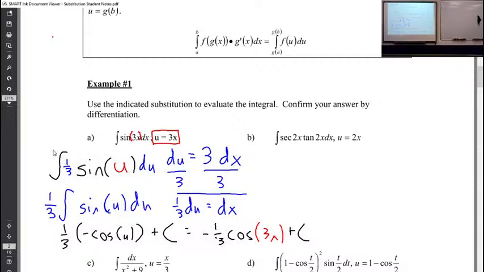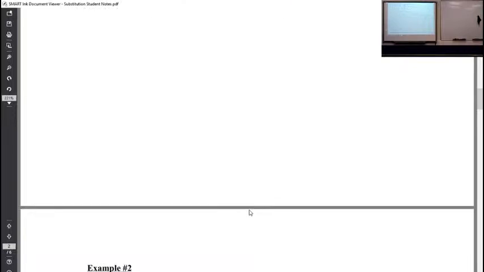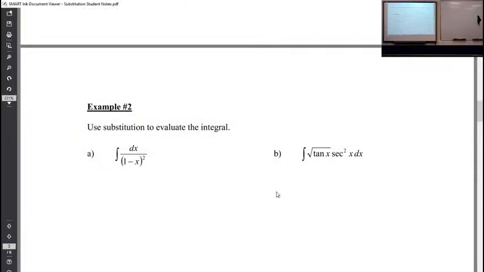So before we do the next problem, let me jump to a problem where, number one, it's more clear what u is, and number two, it's more useful in making an antiderivative easier to take so that you can see why we might do this process for a more complicated problem. So let's jump down to part B over here.